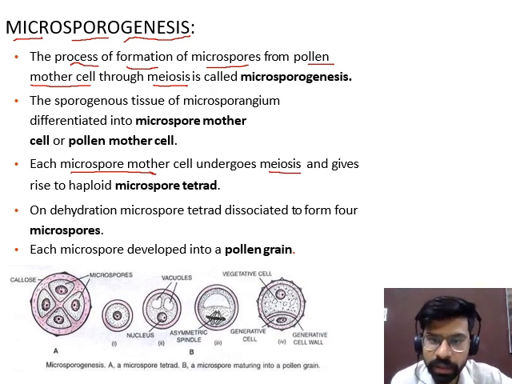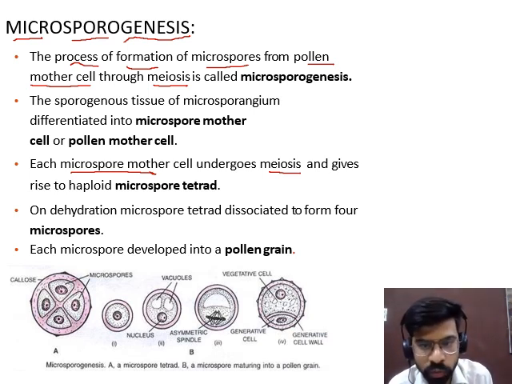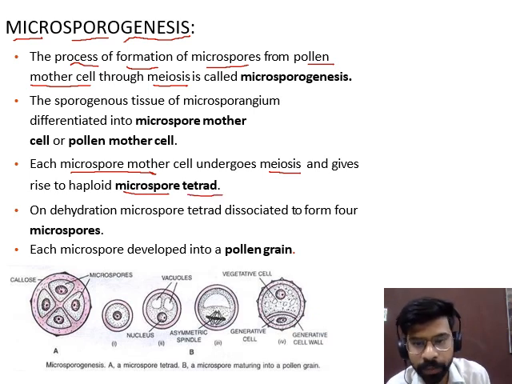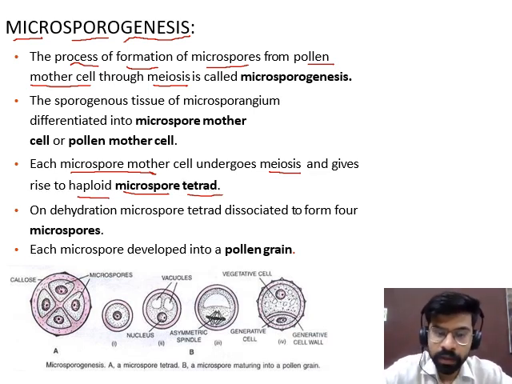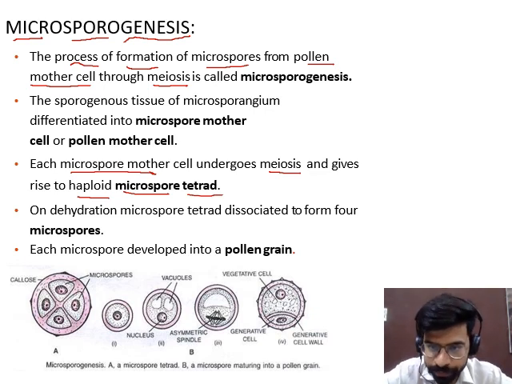Meiosis reduces the chromosome number, and it gives rise to the formation of a microspore tetrad, which is haploid in nature. Haploid means a single set of chromosomes. In humans, sperm contains 23 chromosomes, egg contains 23 chromosomes.